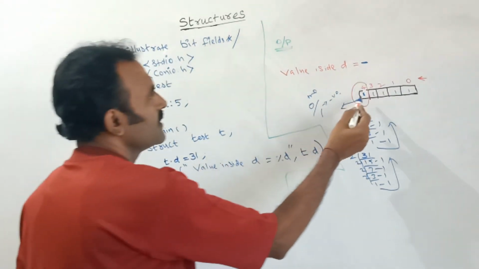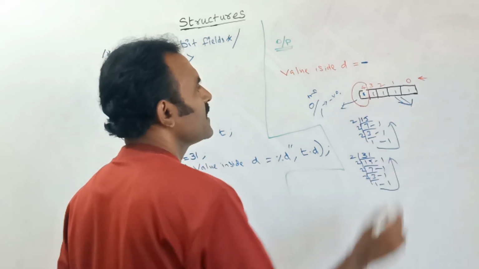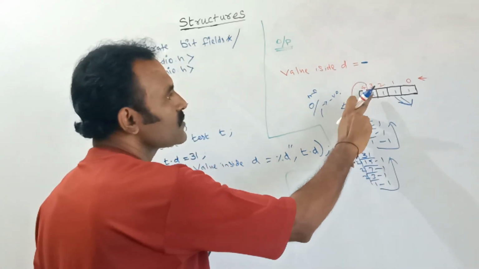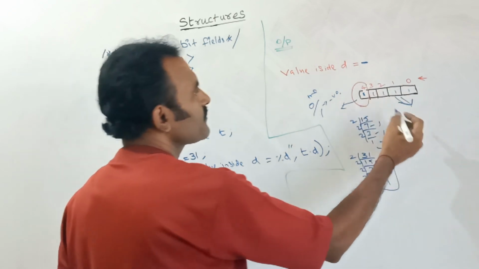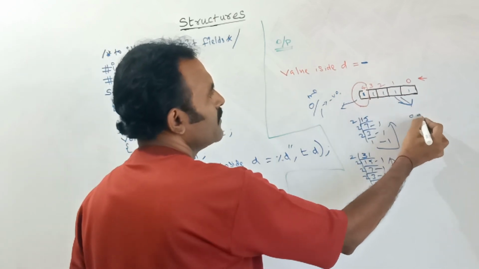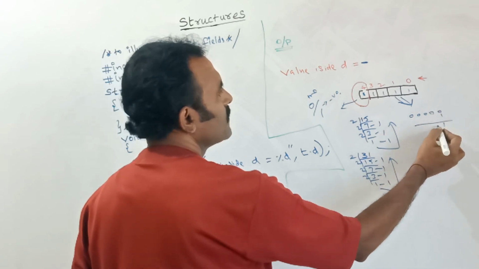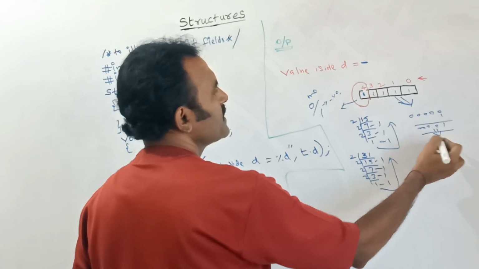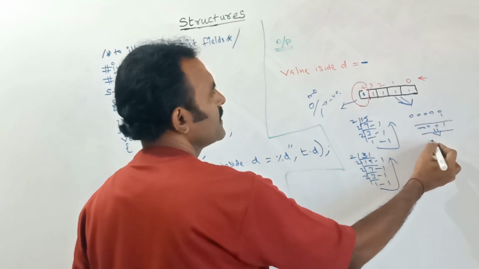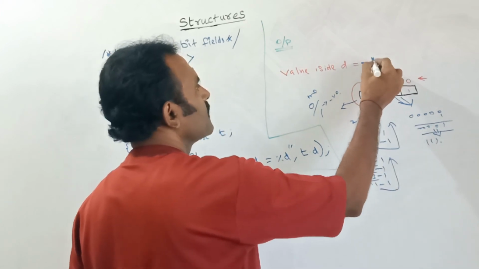After that, if I am converting this 2's complement to decimal, as we already saw, first you invert every bit. After that, add 1 to that one. Next, if you are converting this binary to decimal, then the value will be 1. So the answer will be minus 1 here.